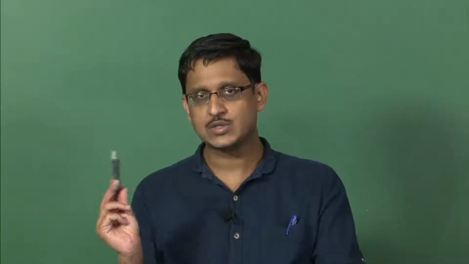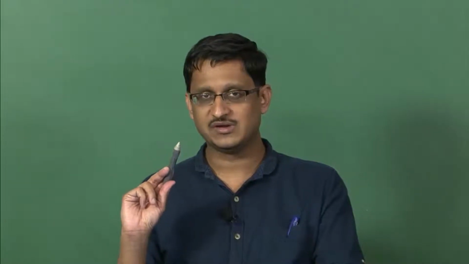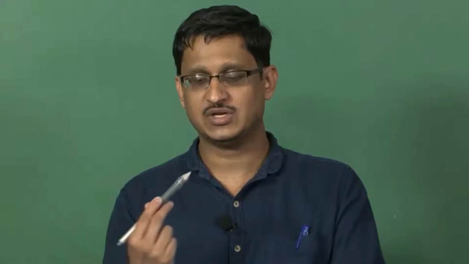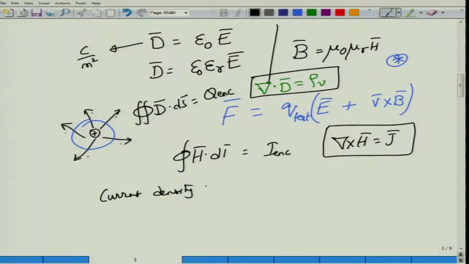Similarly, if I take a closed path or a contour and integrate H over that contour, then divide by the surface area and take the limit of that surface area going to 0, I obtain the rotation. So the source of this magnetic field, this rotation or the curl of the magnetic field, is precisely equal to the amount of current that this particular loop is enclosing.